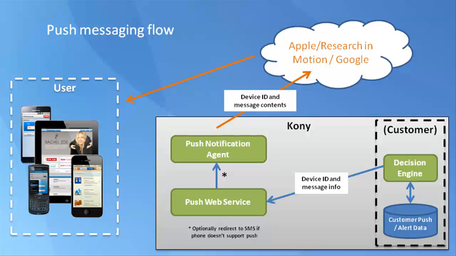So the idea is that when the decision engine recognizes there needs to be a message sent, it will invoke this web service on the Kony server and pass on the device ID and the message information. And that information is then pushed through the push provider, whether it's Apple or Research in Motion or Google, and then pushed off to the device where we can react to it.